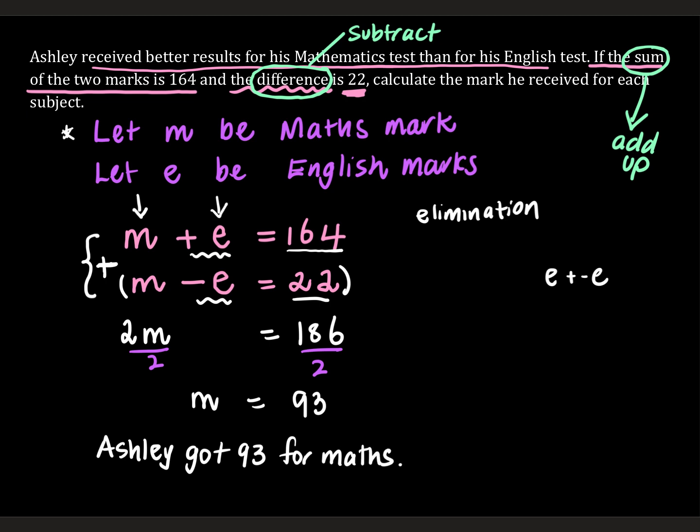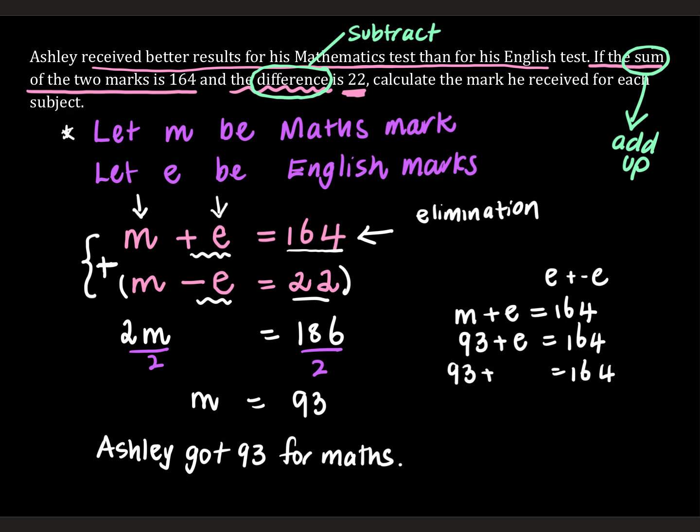Now I still have to find out what he got for English. So I'm going to say here, let's look at this equation here. I've got maths plus English equals 164. So that's going to be 93 plus English equals 164. What can I do now? I can take 93 off both sides.